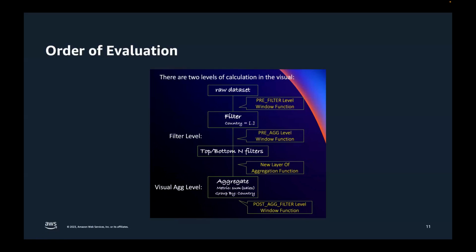Then if you were to use any top, bottom, and filters, that will happen next in the series. After that, the new layer of aggregation function, which we just saw, the LAC aggregation function, will get evaluated. And after that, we will have our usual visual aggregation level. And the post-ag filter level will happen at this stage.